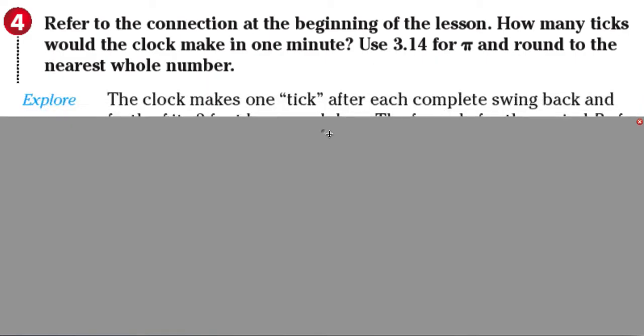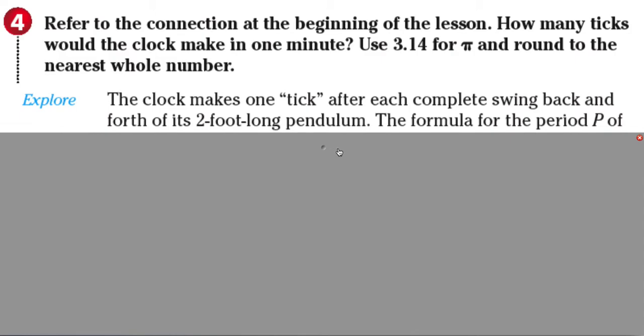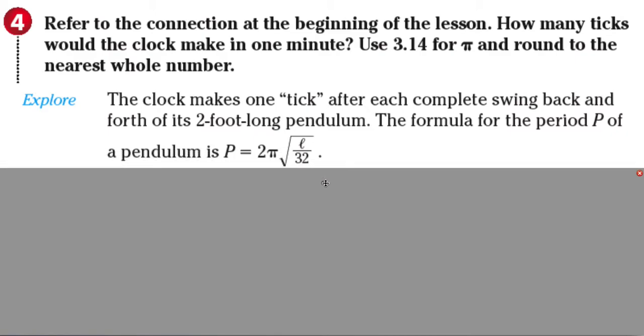So first, we look at the explore. What we know: the clock makes 1 tick after each complete swing back and forth on its 2-foot pendulum. So the formula for the period P of the pendulum is equal to 2 pi times radical L over 32.